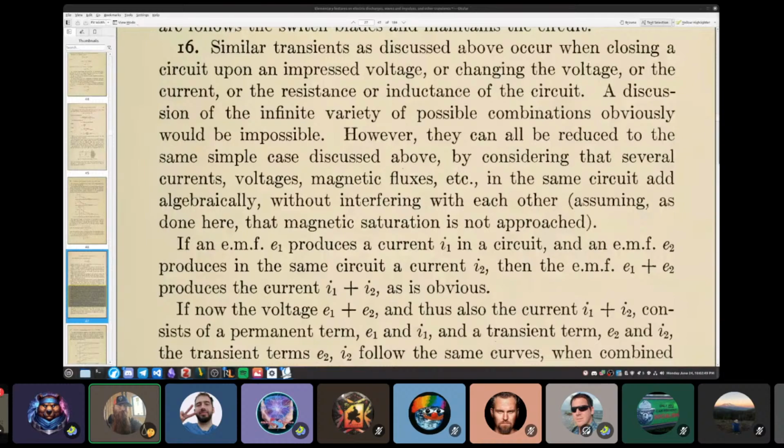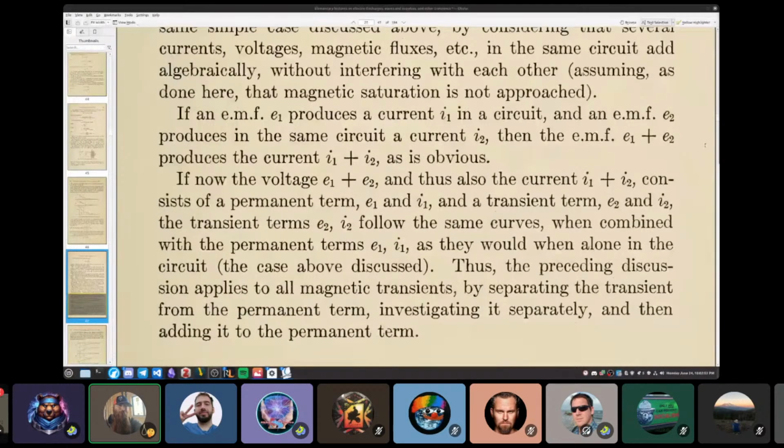If an EMF E1 produces a current I1 in a circuit and an EMF E2 produces in the same circuit a current I2, then the EMF E1 plus E2 produces the current I1 plus I2, as is obvious.